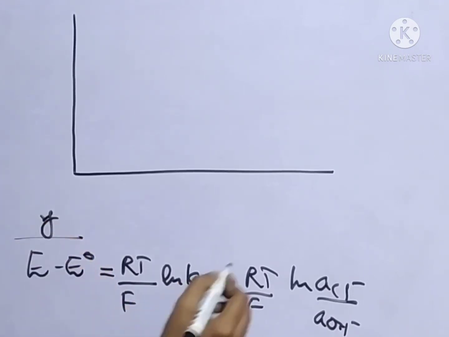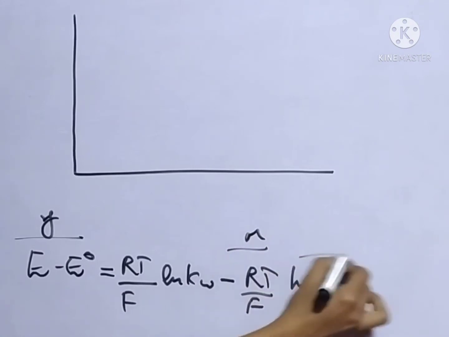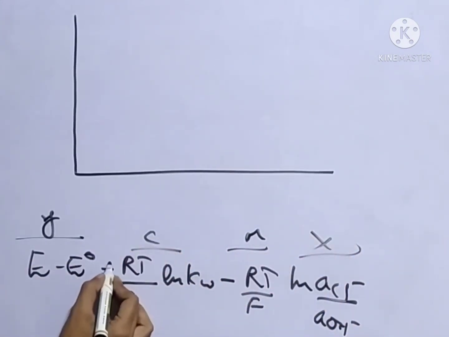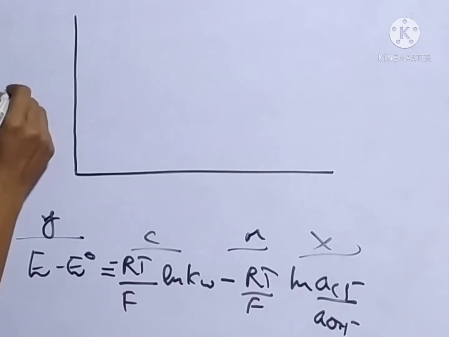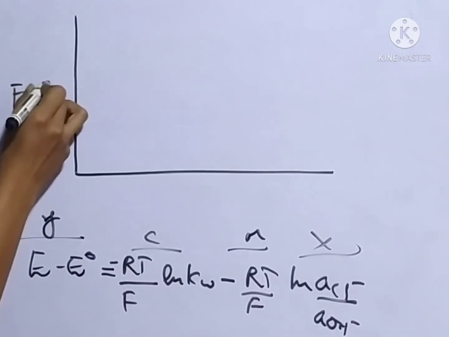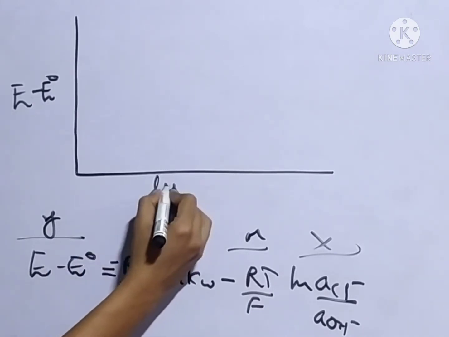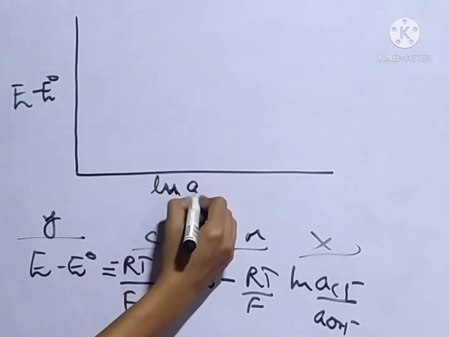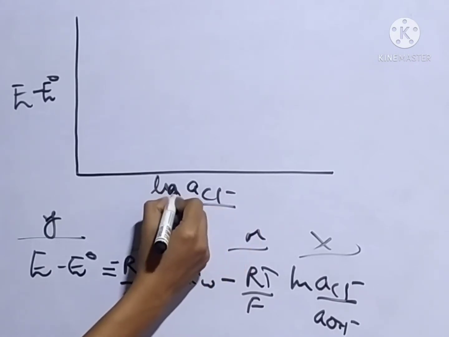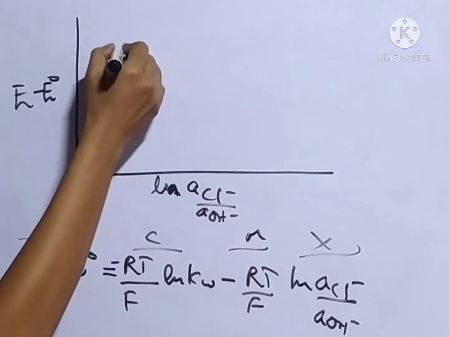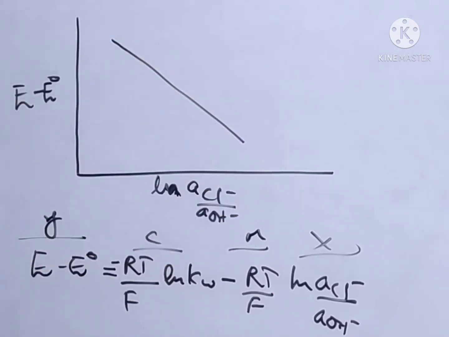This is y, this is m, x and c. Minus sign is there. So x-axis is E minus E0, y-axis is ln [ACl minus] divided by [AOH minus], and we'll get a graph like this.